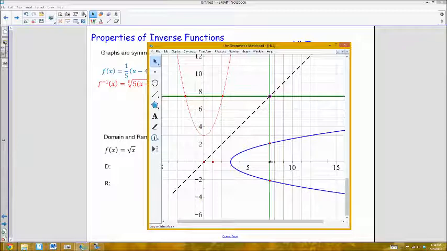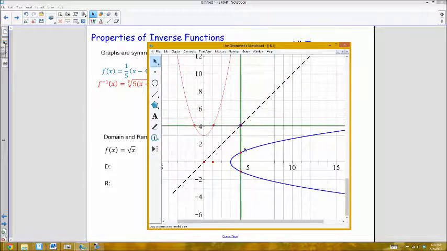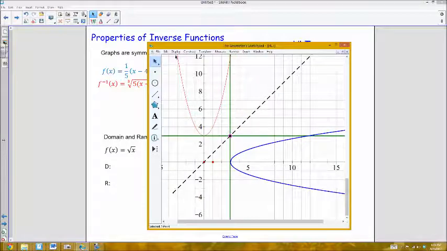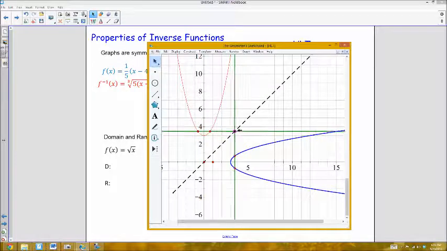The main thing I want to point out about this line of symmetry is that I have a horizontal line here that corresponds to this vertical line, and as I drag these along, the 2 points on my inverse graph have 2 corresponding points on my original graph. So if I wanted to determine from just looking at my original graph whether it has an inverse, I can use a horizontal line test.